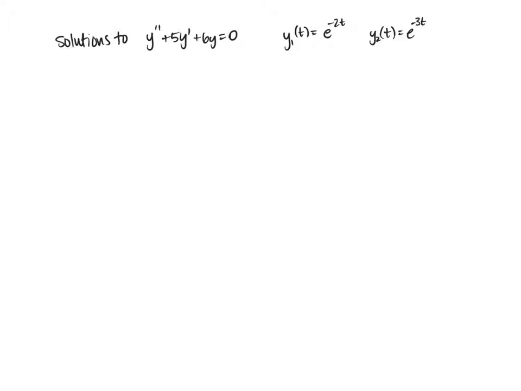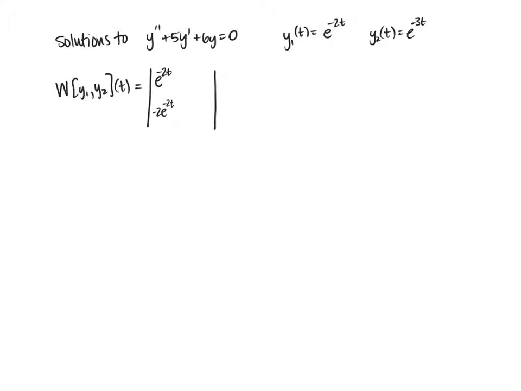So I can compute the Wronskian of y1 and y2. And the Wronskian, again, is going to give me a function of t. So I want to compute the determinant of this matrix. So I'll put y1 here, e to the minus 2t, and then the derivative of y1 is negative 2e to the minus 2t.